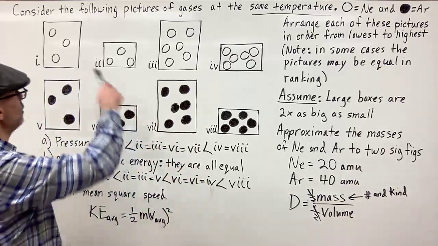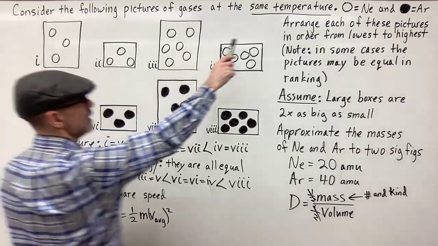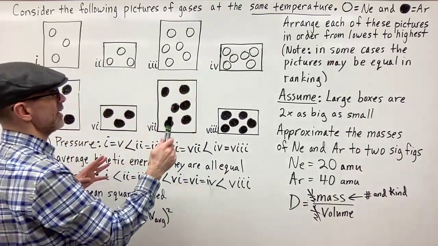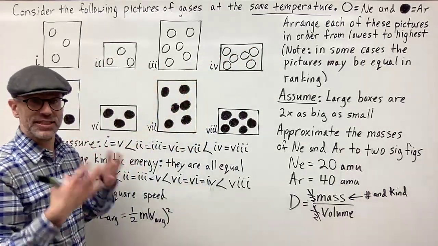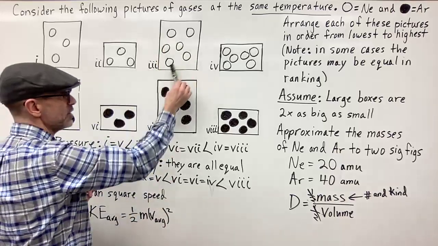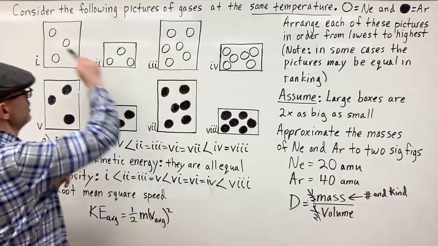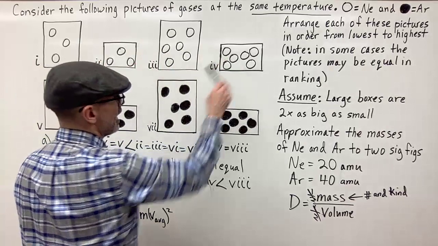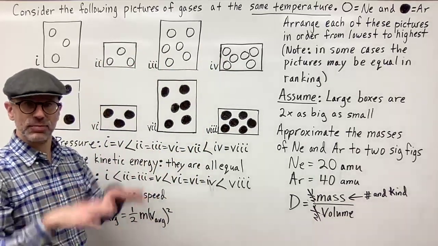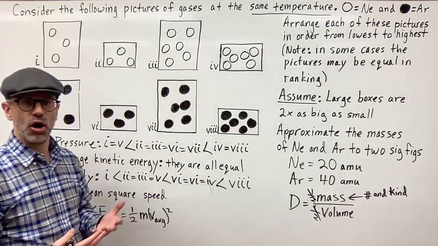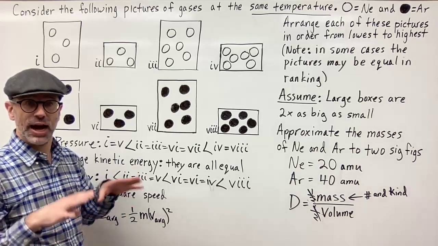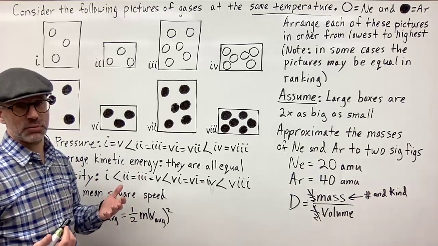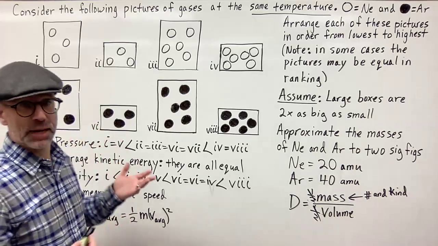And so here, since the temperature is the same, the only thing that's going to make a difference in the average speed is the mass of the particles. So since all three of these have smaller mass particles, they're all going to have a root mean square velocity that's the same, since they're all the same type of particle.